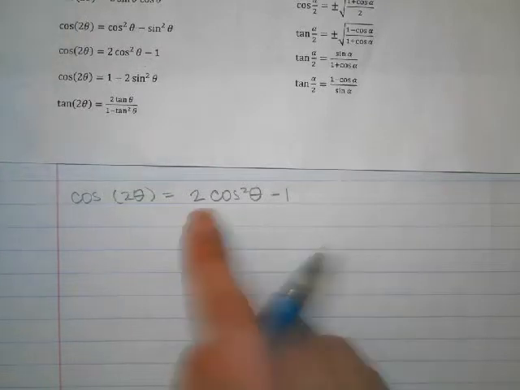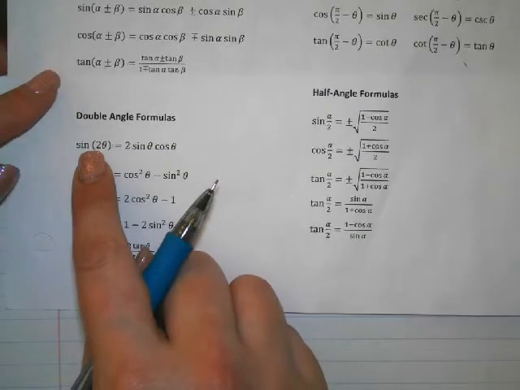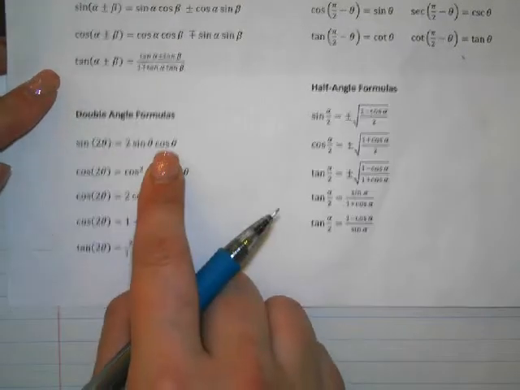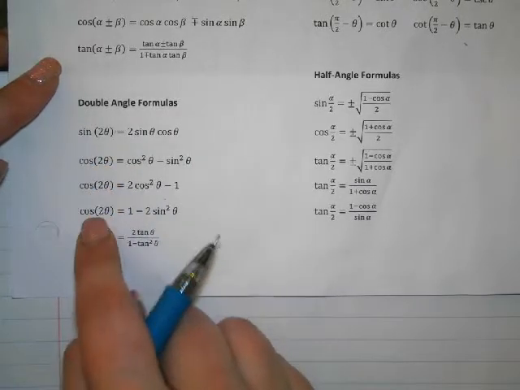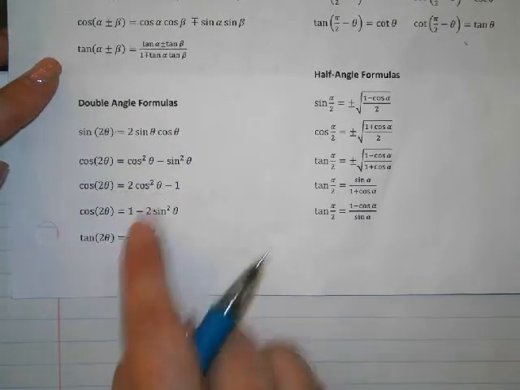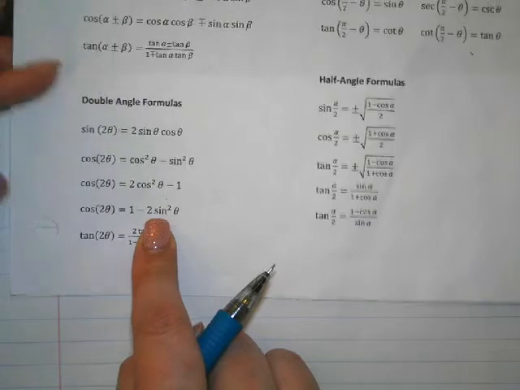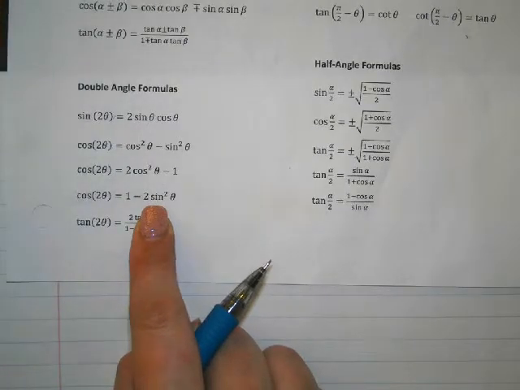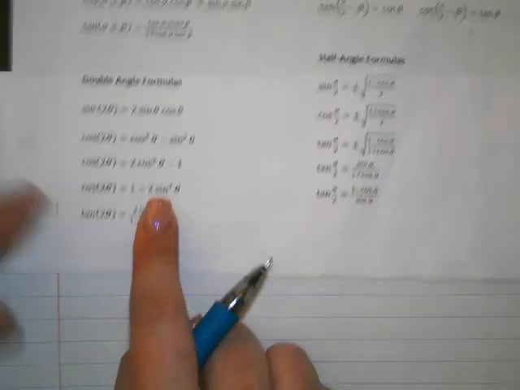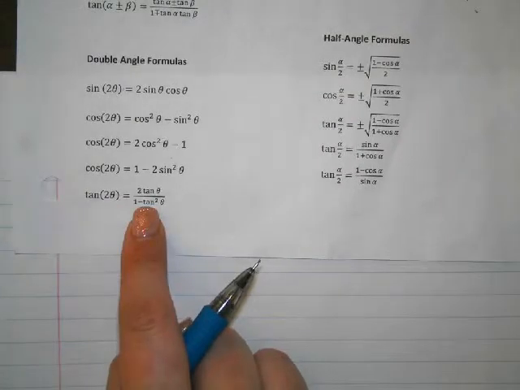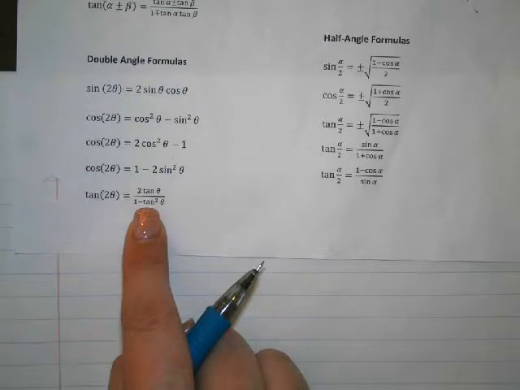If you notice here, sine of 2 theta only equals one thing, but cos of 2 theta has 3 different things that you could substitute in for it, and all 3 of those come in handy sometimes. And then tan 2 theta has a substitution, but to be honest, I've never really used that one, so you can kind of take it or leave it.